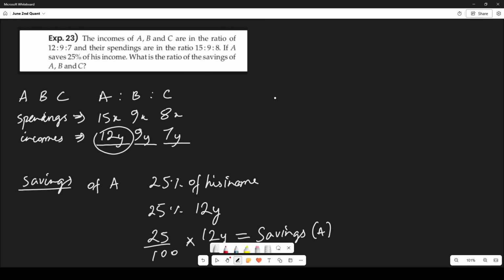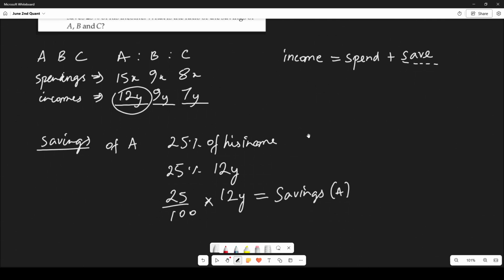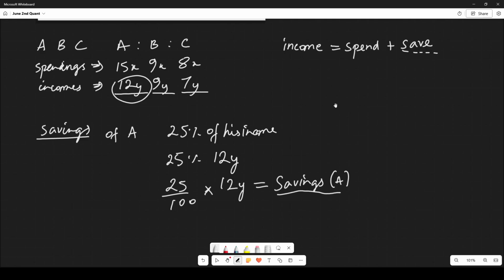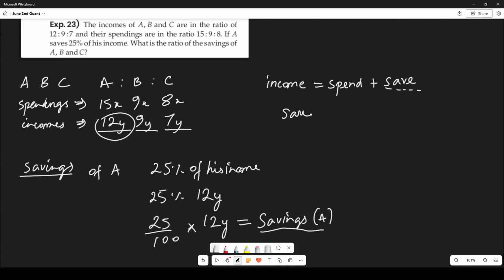Another key point to remember is that your income is equal to how much you spend plus how much you save. Using this formula, maybe we can move a few things around. Since we have the savings already, let's move savings here. So income minus spend.